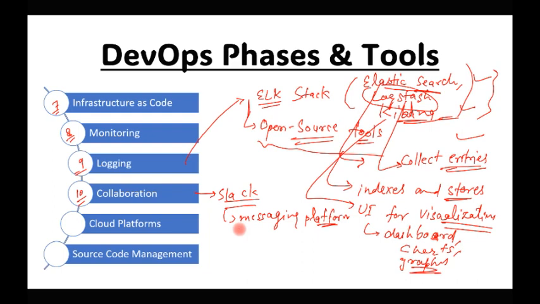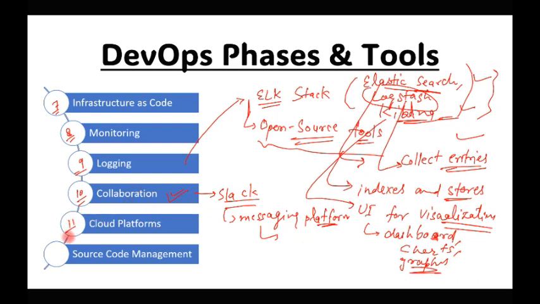In the real world, team members can create channels for specific projects or topics. Real-time messaging allows for quick communication and information sharing between different teams. It offers integration with other tools like GitHub and Google Drive, which enables collaboration. Slack also offers tools for project management, polls, and video conferencing. So it's overall the best collaboration tool we have in DevOps.